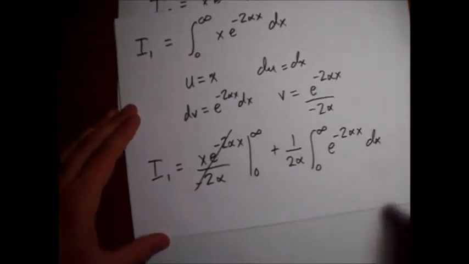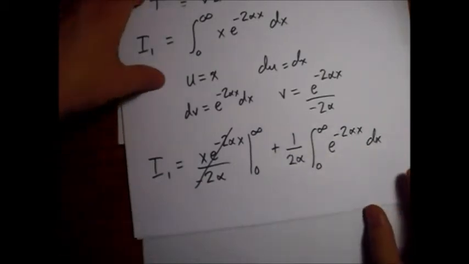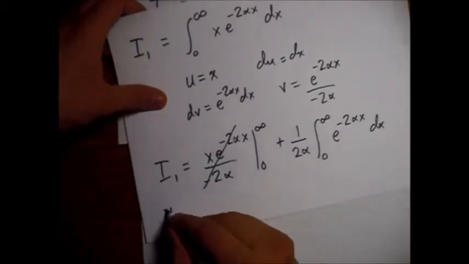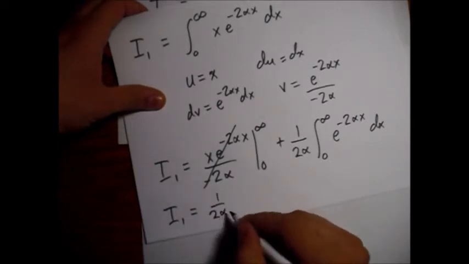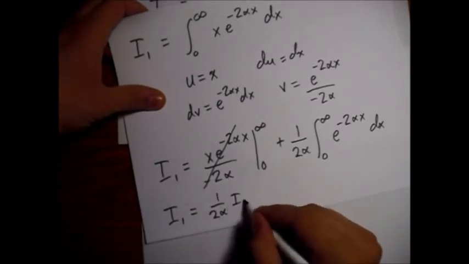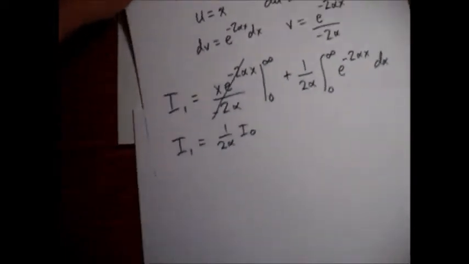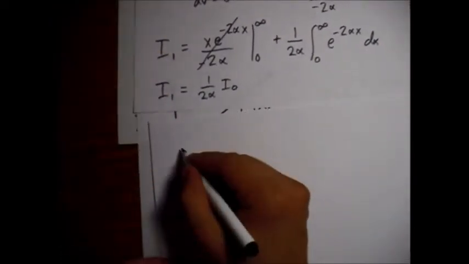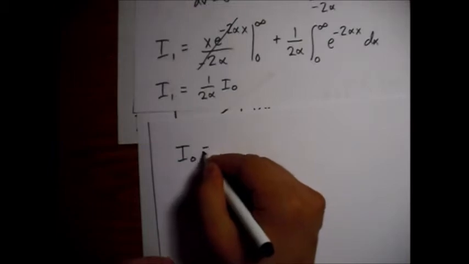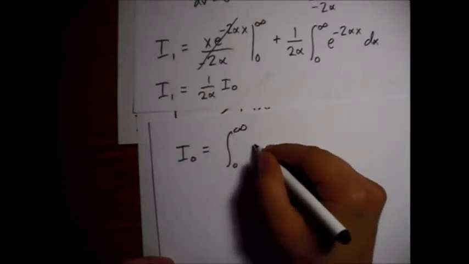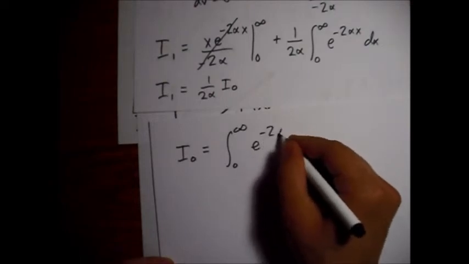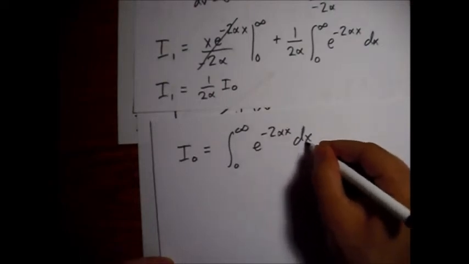And of course we're calling this I0. So I1 is equal to 1 over 2 alpha I0. Now we solve for I0. It is equal to the integral from 0 to infinity of e to the minus 2 alpha x dx.